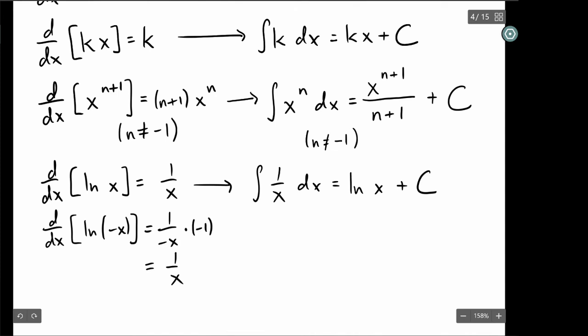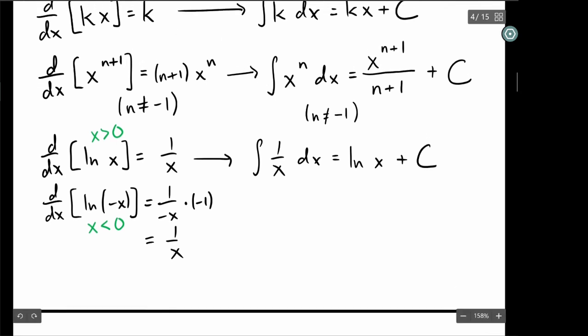So we still get 1 over x as the derivative. So what do we get when we do this integral? Do we get ln of x or do we get ln of minus x? Well, this function is for x positive. This function is for x negative. So we have to think about whether we're looking at positive or negative x values.